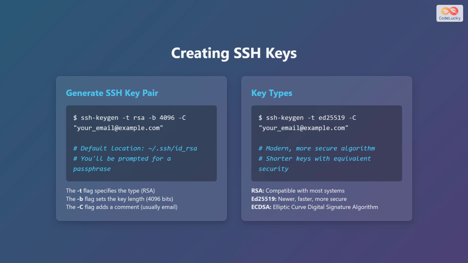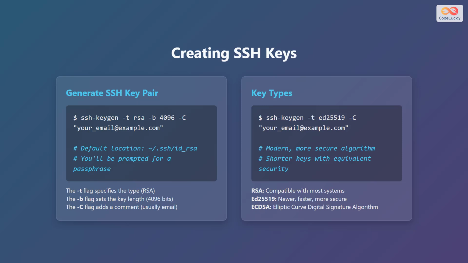The -t flag specifies the type of key to create, such as RSA. The -b flag sets the key length in bits, such as 4096 bits. The -C flag adds a comment to the key, typically your email address for identification purposes. Another option is to use the ed25519 key type, by typing ssh-keygen -t ed25519 -C your email at example.com.